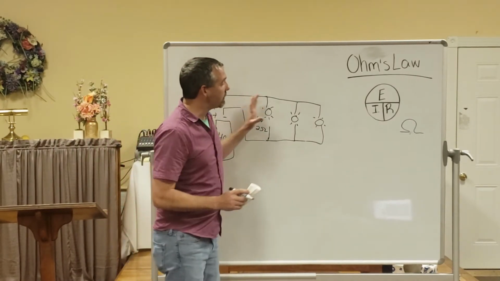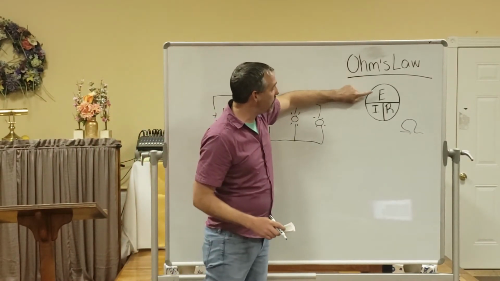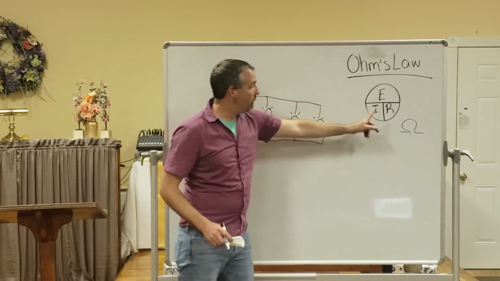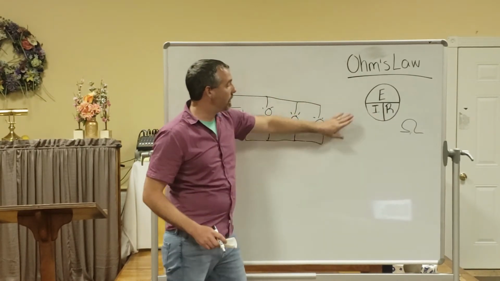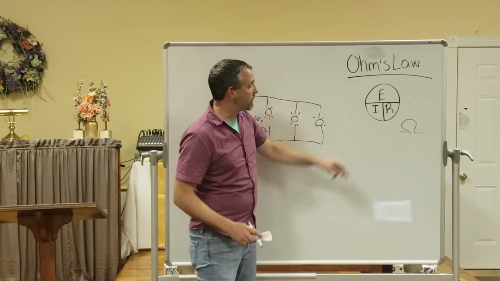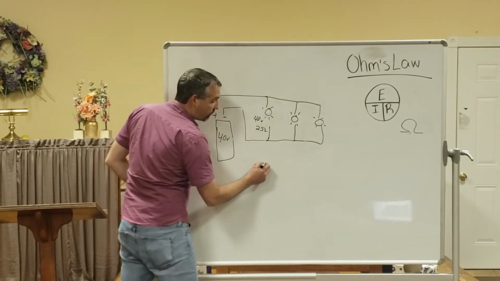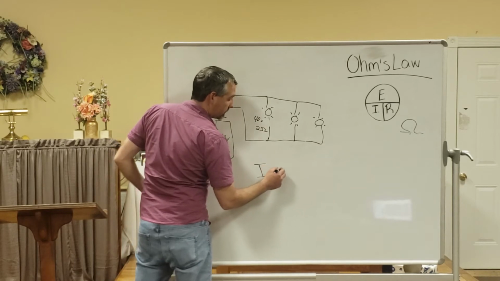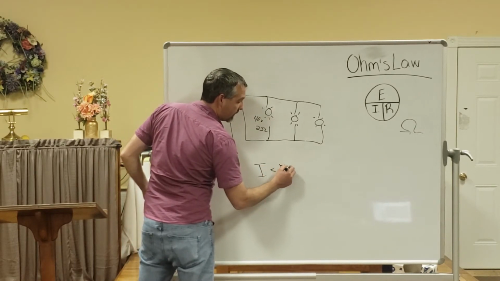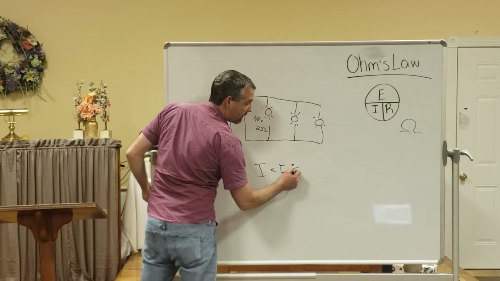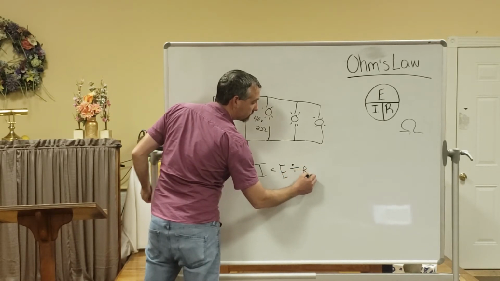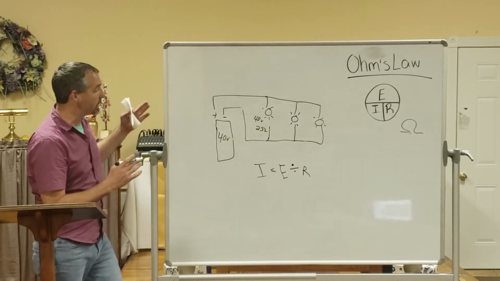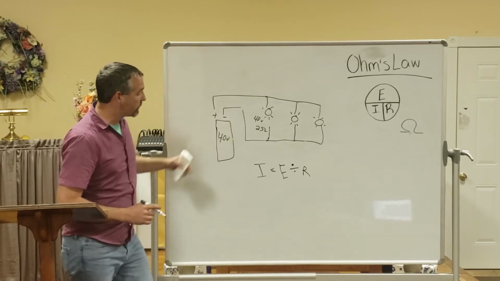Our equation begins to change because now we know our voltage and we know our resistance and we're looking for our amps. So the formula is I equals E divided by R. All right, so in this parallel circuit, our voltage is 40.